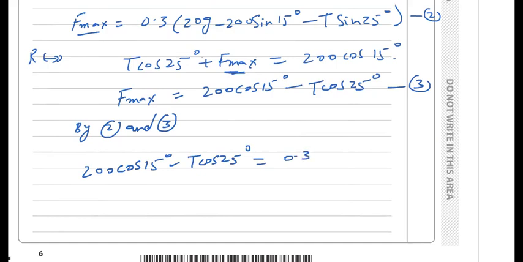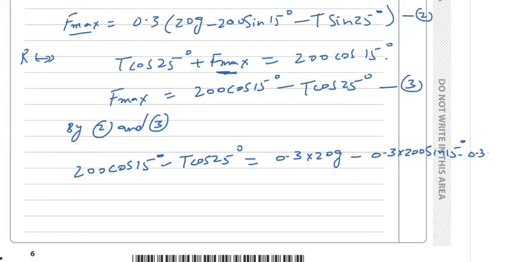Multiply this 0.3 inside, 0.3 into 20G minus 0.3 into 200 sine of 15 and minus 0.3 T sine 25 degree.